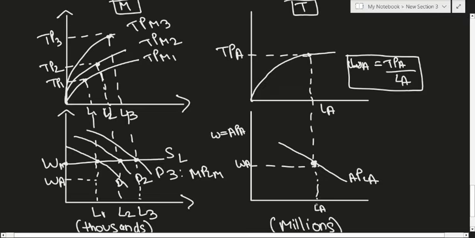This is our labor quantity. Now our marginal productivity is diminishing and it eventually turns 0 and therefore this entire portion is surplus labor.